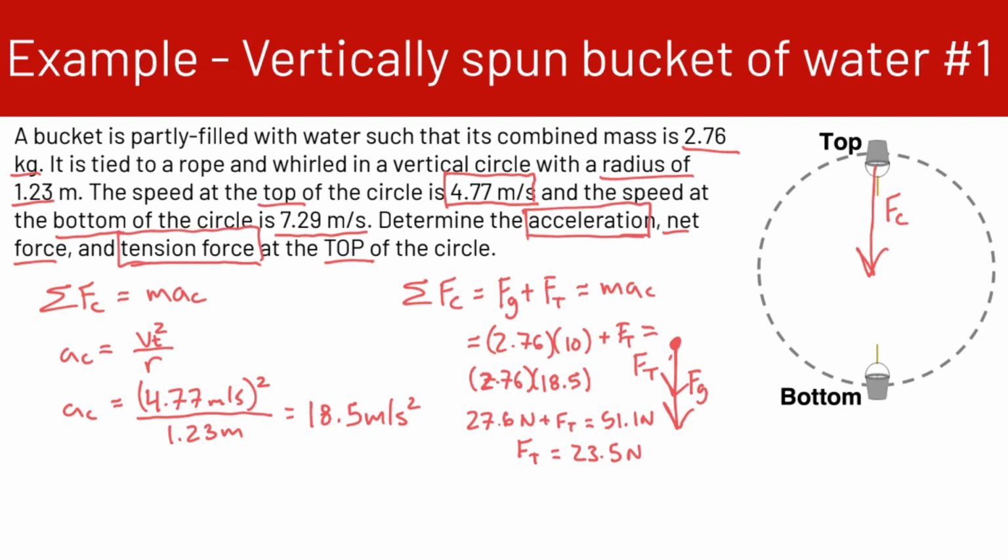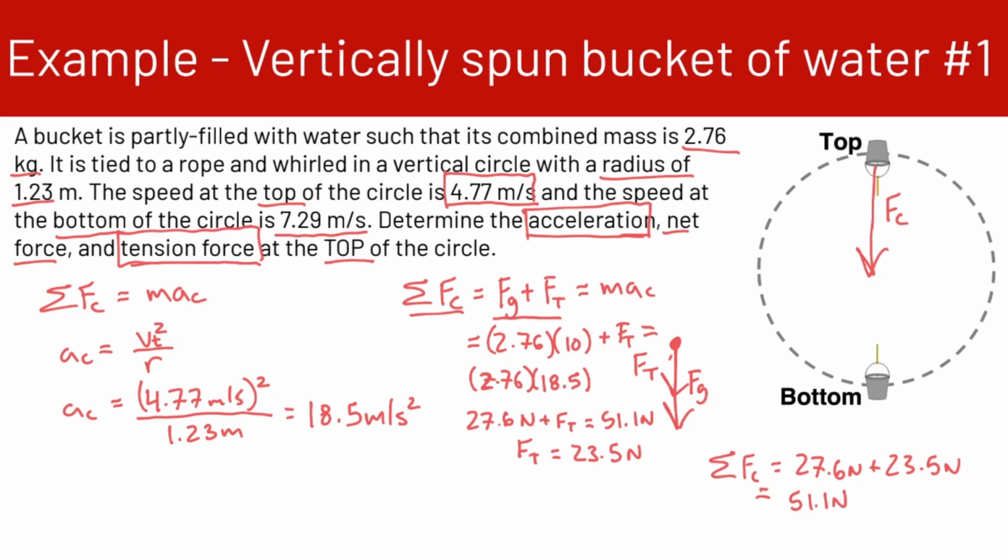So our net force then, again, remember, our sum of forces is equal to the force of gravity plus the tension force. So our sum of forces is equal to gravitational force, which is 27.6 newtons, plus 23.5 newtons, which gives us a grand total of 51.1 newtons.